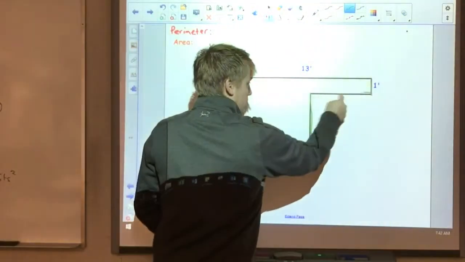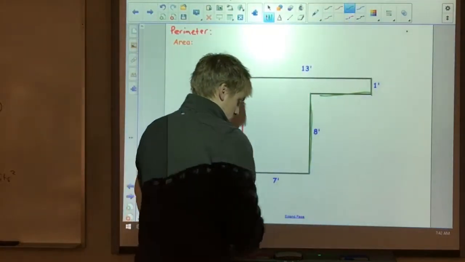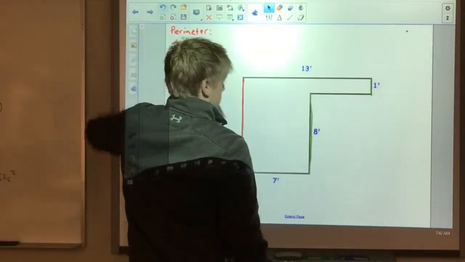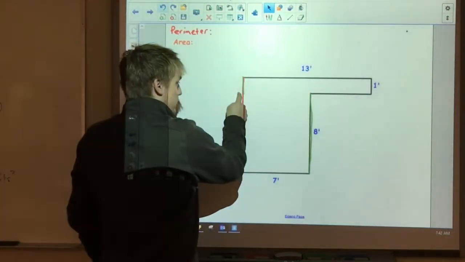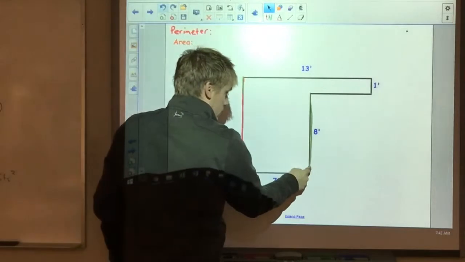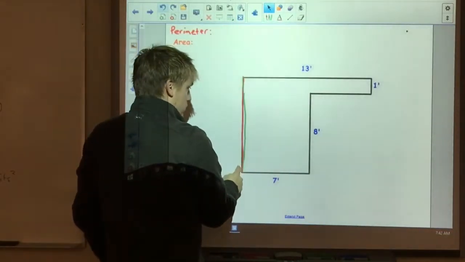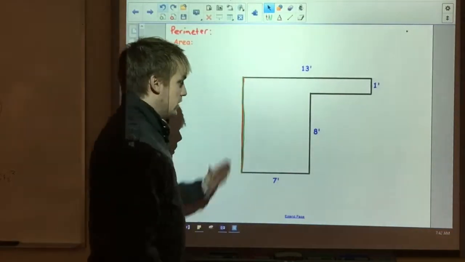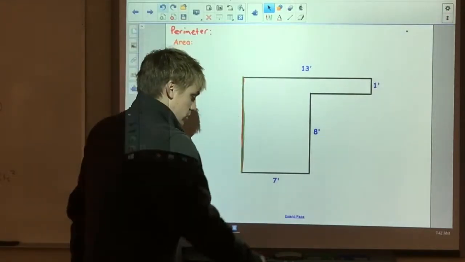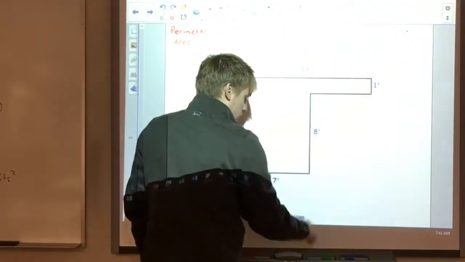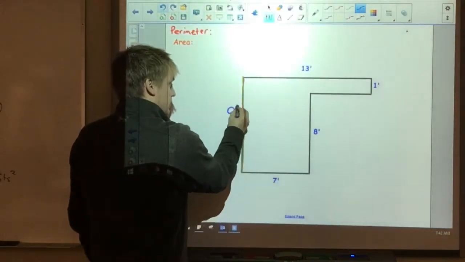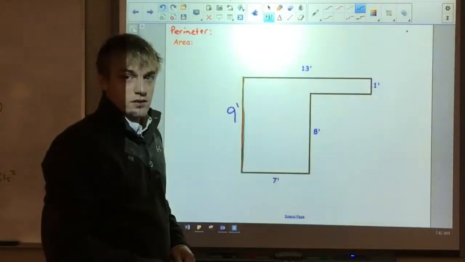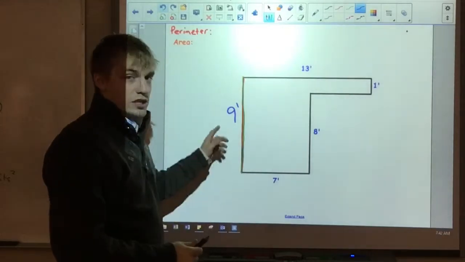If we drag those lines over, we drag that green line over, as well as this one, that equals that side. So we know that we can take 8 plus 1, which is 9, and get this side.